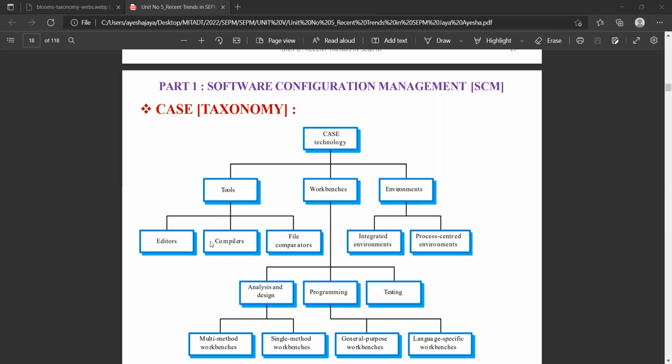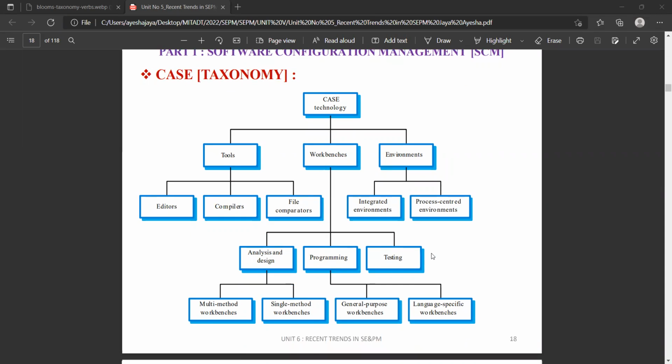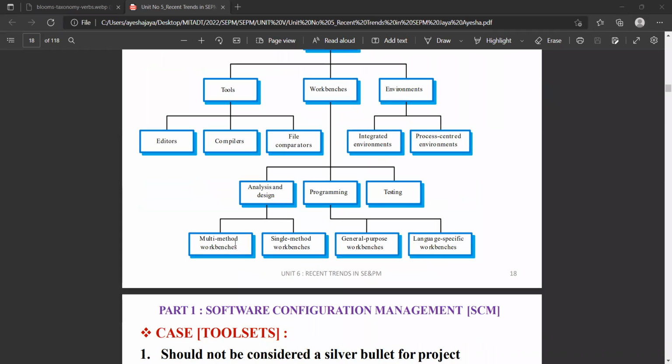In tools, we have editors, compilers, and file comparators. In workbench, we have analysis and design, programming and testing. We have discussed each one of them in detail in some of our previous lectures. In environment, you will have integrated environment and process-centered environment. In analysis and design, there are multi-method workbenches.